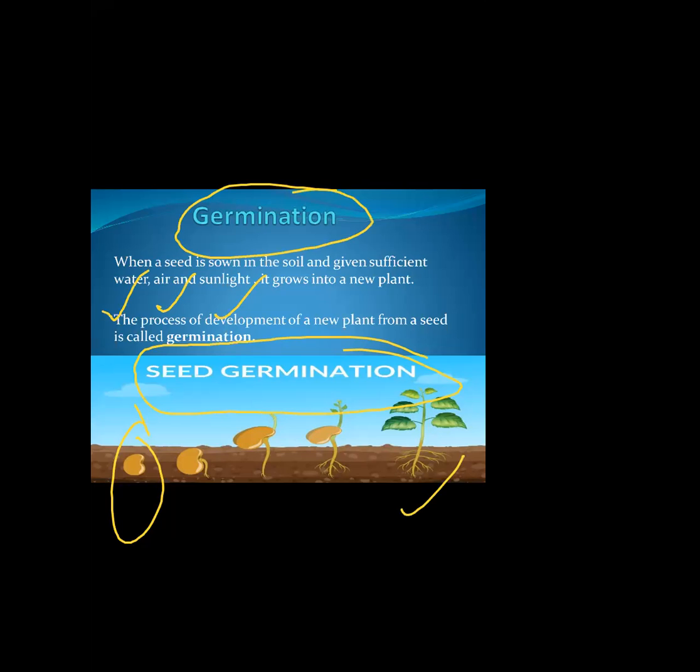So they require proper conditions to grow, then only your seed will grow. Sometimes seeds are not able to grow, and that type of seeds are known as dormant. The meaning of dormant is lying asleep.